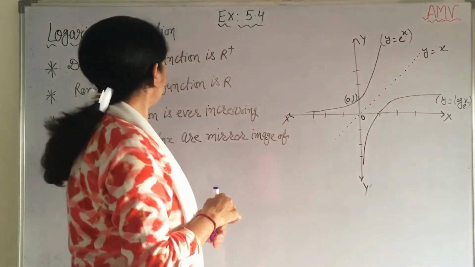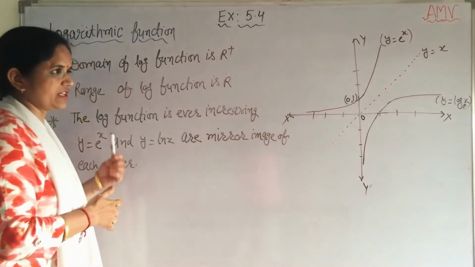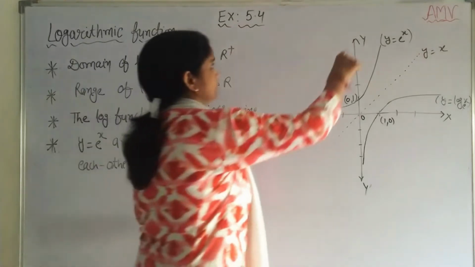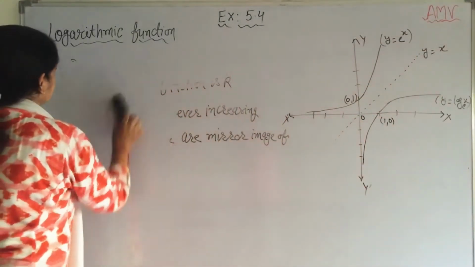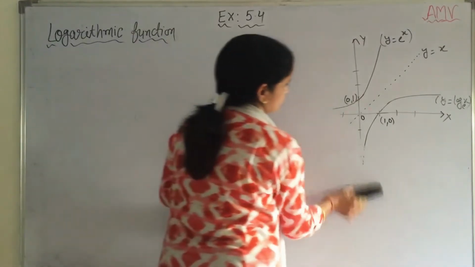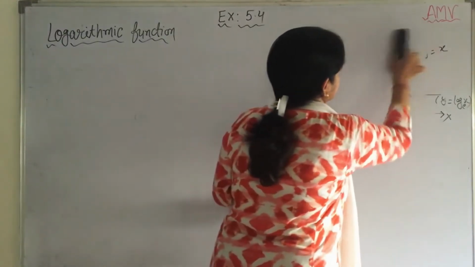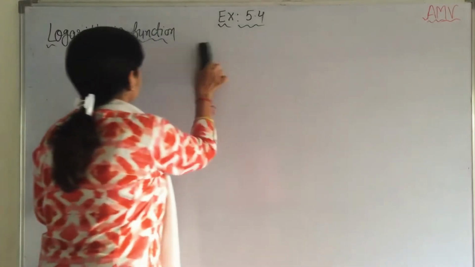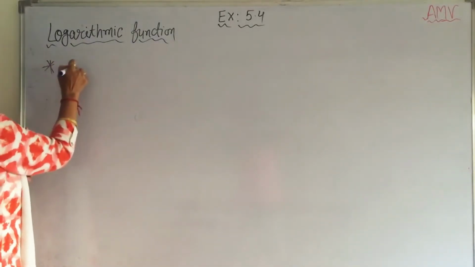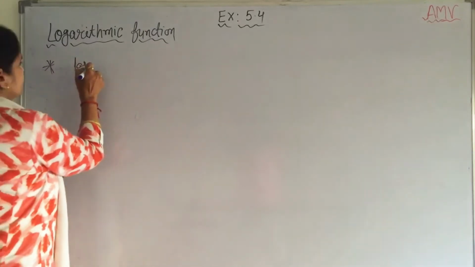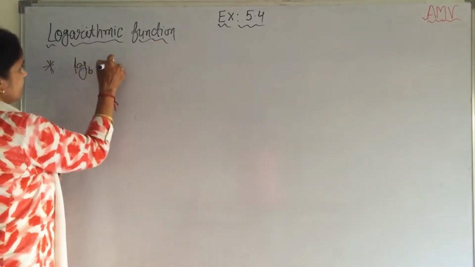Now some properties of this function. First property: here log base b of m and n.